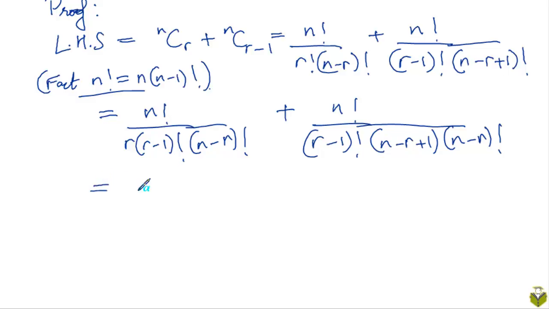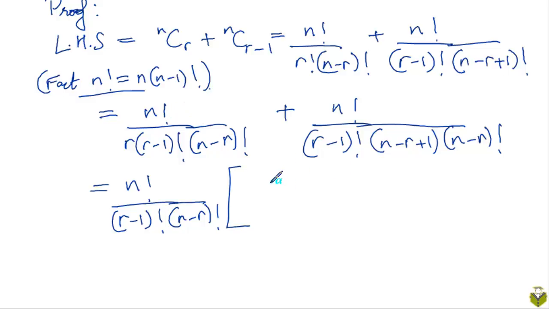You have n factorial, and in the denominator, you have r minus 1 factorial, but you also have n minus r factorial. So I take this common, and what I have left in the first expression is 1 divided by r. And in the second expression, you will have 1 divided by n minus r plus 1, right?